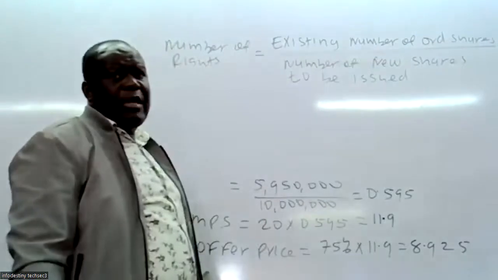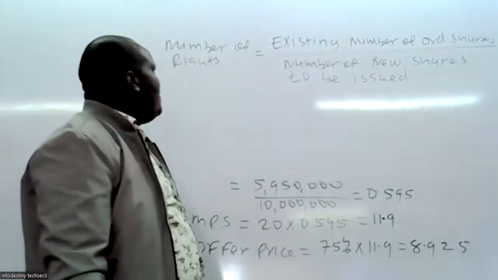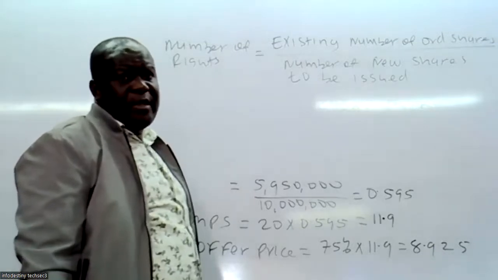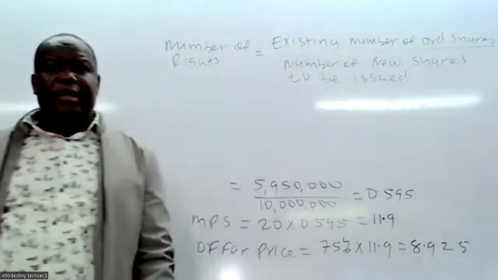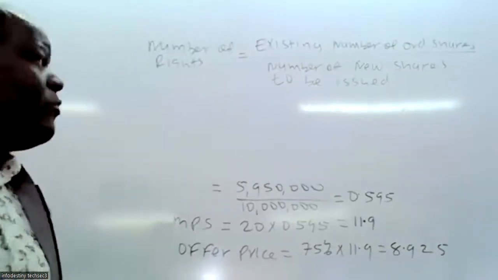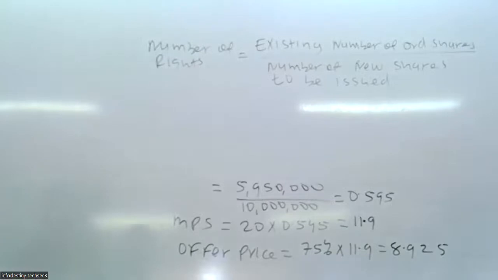So when you want to calculate the number of rights, you simply take the existing number of ordinary shares, then divide by the number of new shares to be issued.